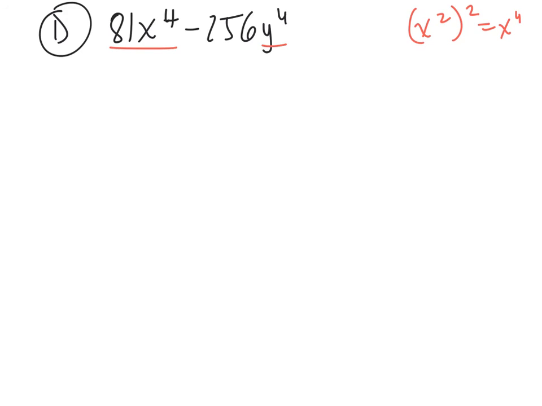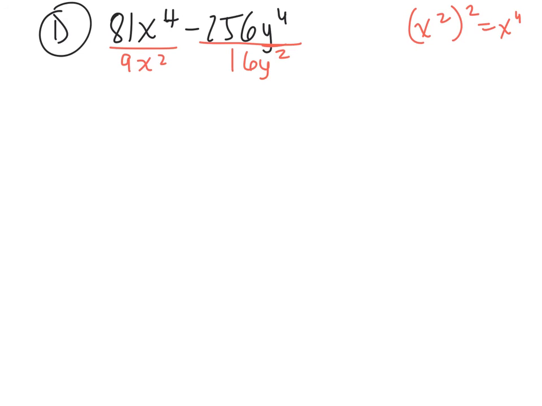I know that the square root of this one would be 9x squared, and the square root of that would be 16y squared. So 16 is not one that you guys know right off the bat, but you should recognize 256 moving forward, okay, as 16 squared. At least know that it's a square, and then you can start dividing or multiplying to see what the square root would be, okay?